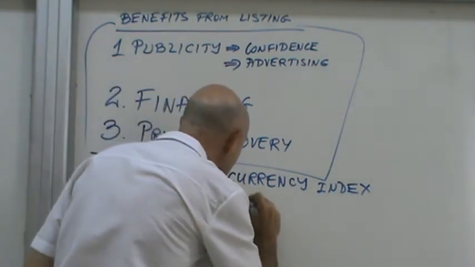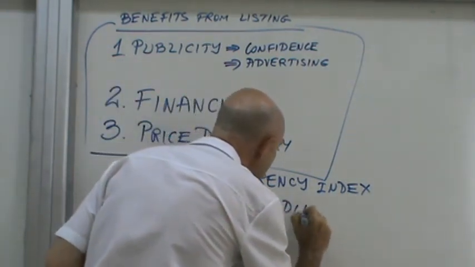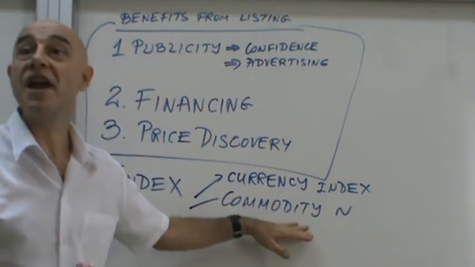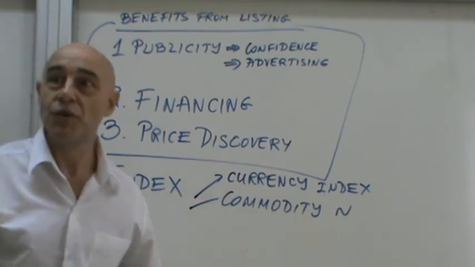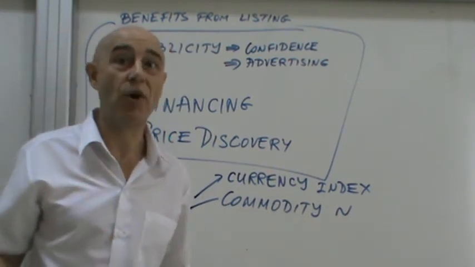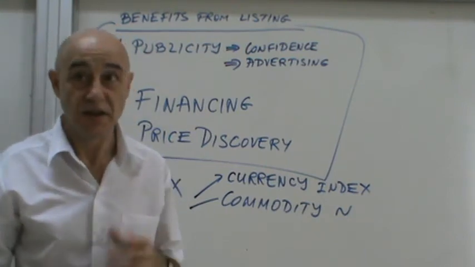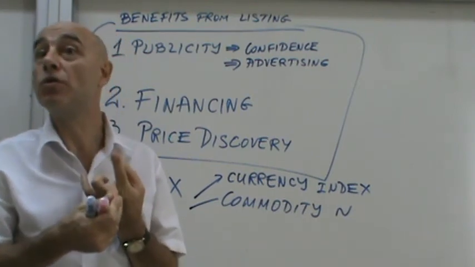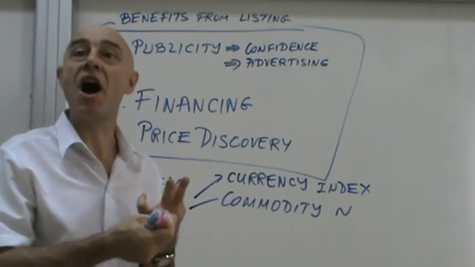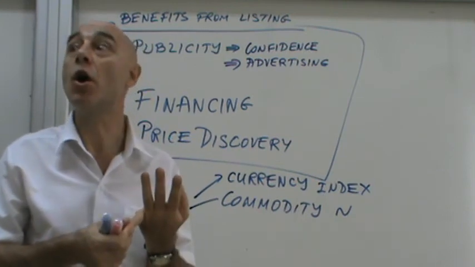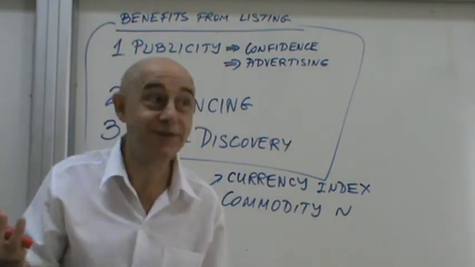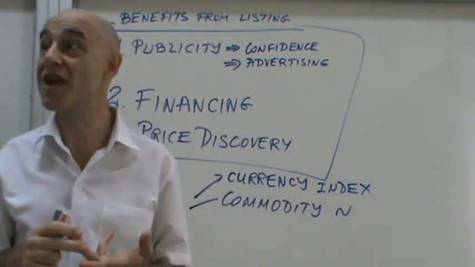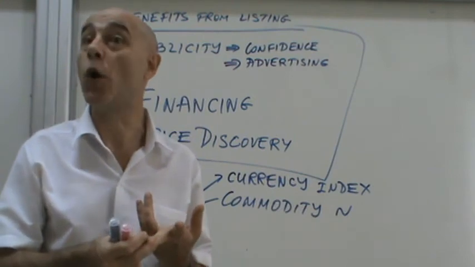You could have a commodity index, which will be a number, usually an average, of some of the most important commodities, like oil, gold, maybe iron, maybe copper, okay? And of course, for all of you guys, rice. For all Europeans, wheat. For all Americans, corn.